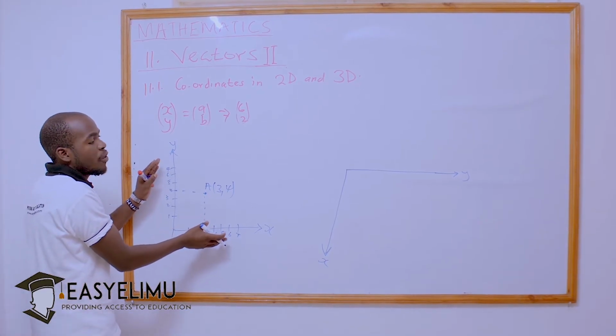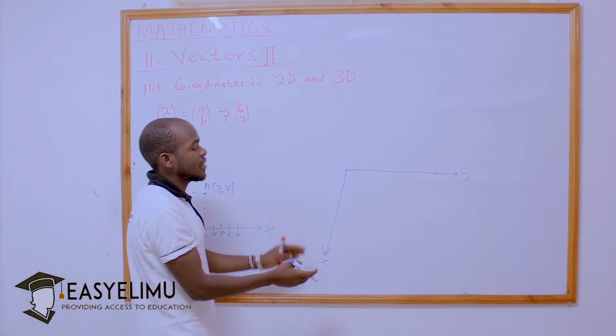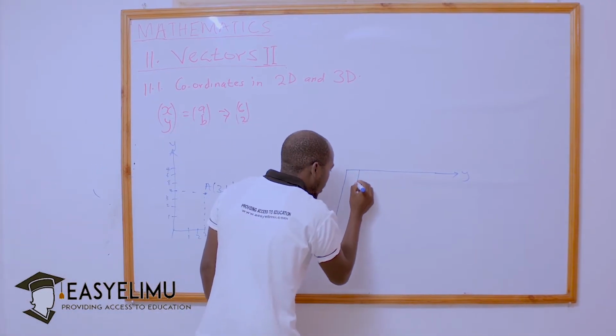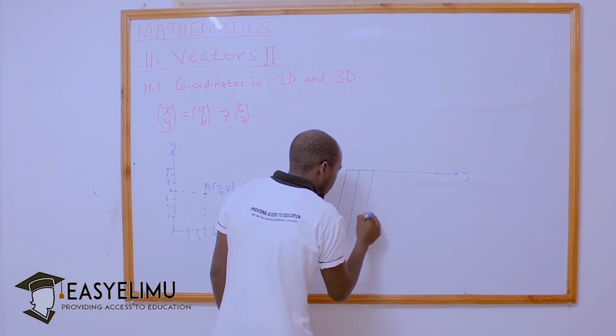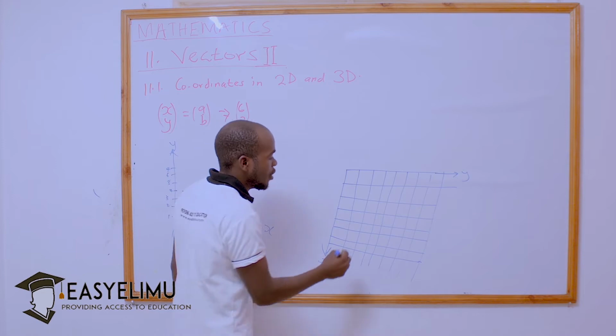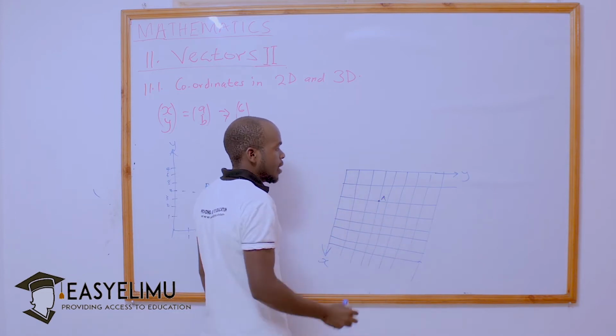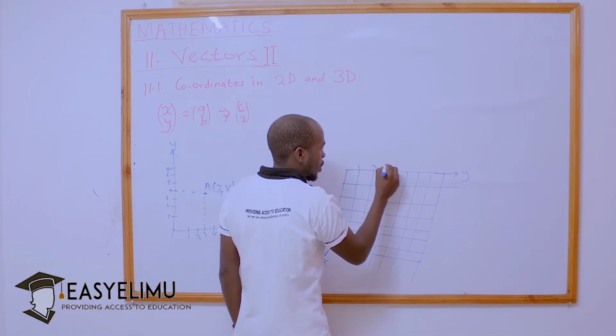The y-axis and the x-axis are taken as the base. In case you have a point here, let's call this point A, and this is 1, 2, 3.